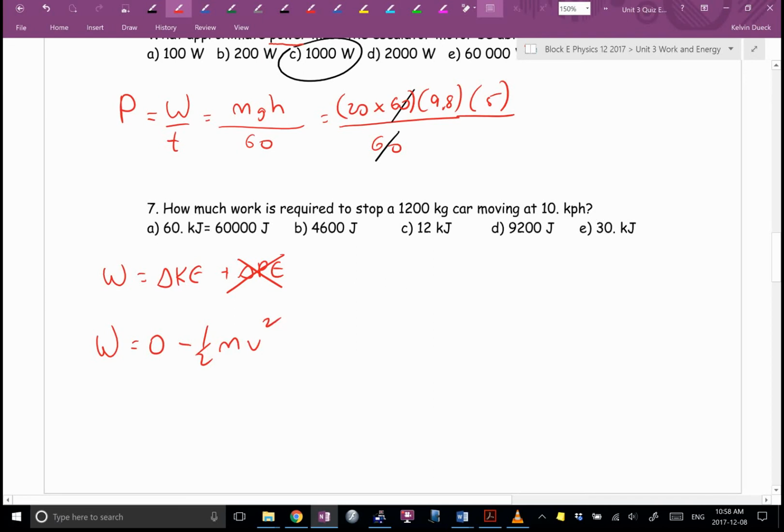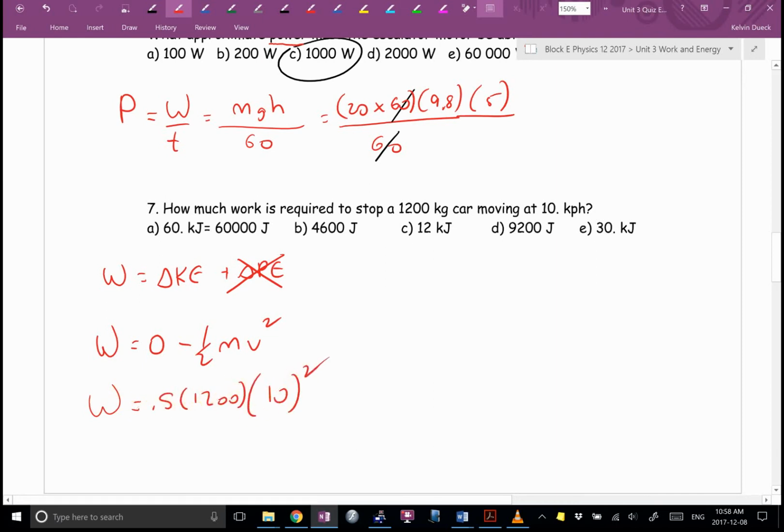I glanced at my answers, Mackenzie. I noticed they're all positive. I didn't freak out. This negative is not a directional negative. This negative is just saying you have to lose that much energy. So if they didn't put the negative in their final answer, I think they're assuming that I'll clue in it's an energy loss. And the word loss is the English version of a negative, so I don't need to put it in front of the number. Is that okay? So it's going to be 0.5, 1,200.